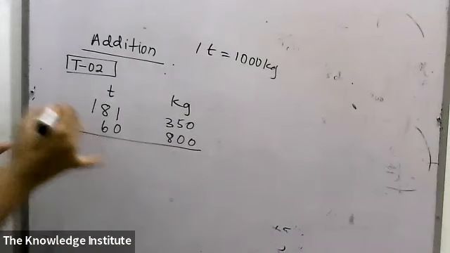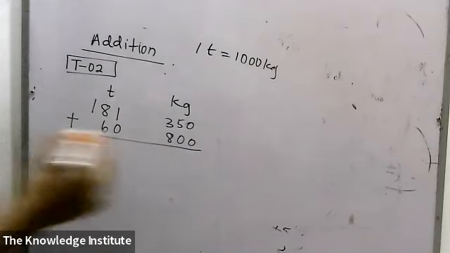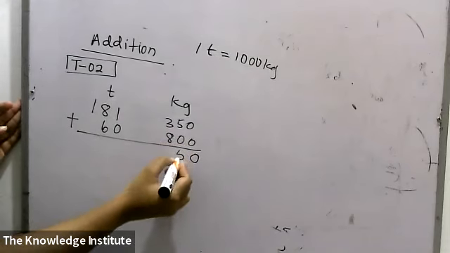Shall we add? 0 plus 0 is 0. 5 plus 0 is 5.